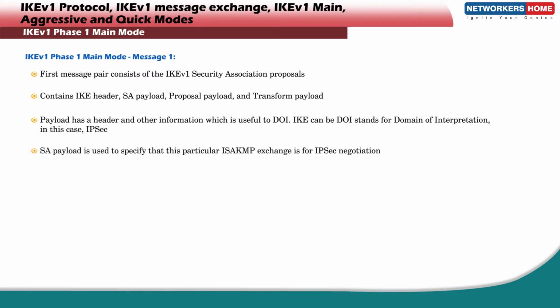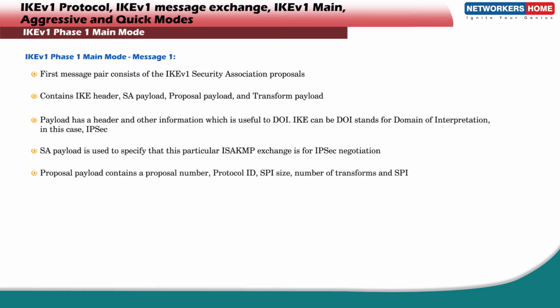SA payload is used to specify that this particular ISAKMP exchange is for IPsec negotiation. ISAKMP is a generic protocol which can be used to negotiate different protocols. Therefore, SA payload contains a domain of interpretation which is used to mention this IKE ISAKMP negotiation is for IPsec.